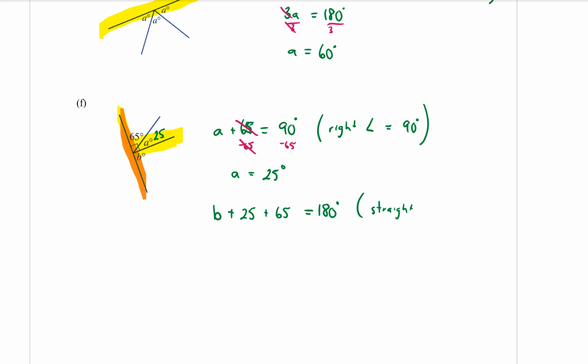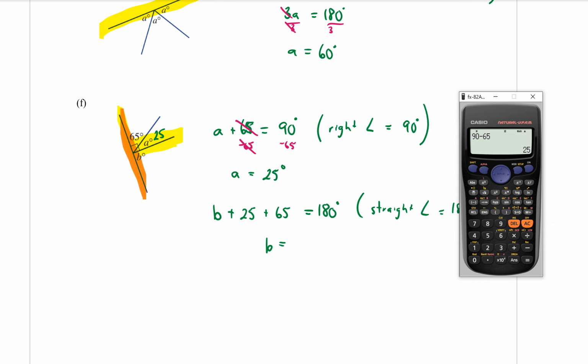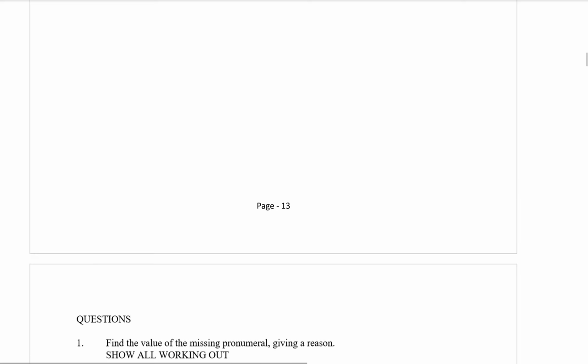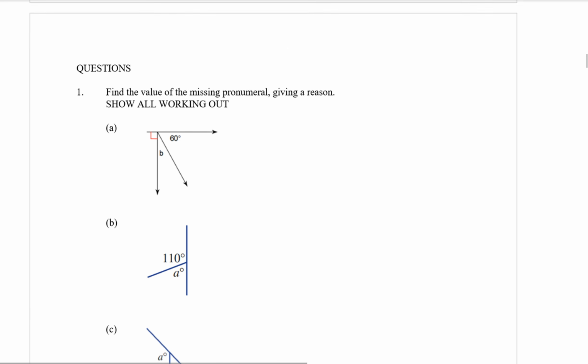Straight angle equals 180. Now to get that B by itself, I want to subtract the 25 and subtract the 65. Because there's 2 of them, you might want to skip the working out. So you go 180 minus 65 minus 25 equals 90 degrees. Okay, so these are your questions where you start today's work.